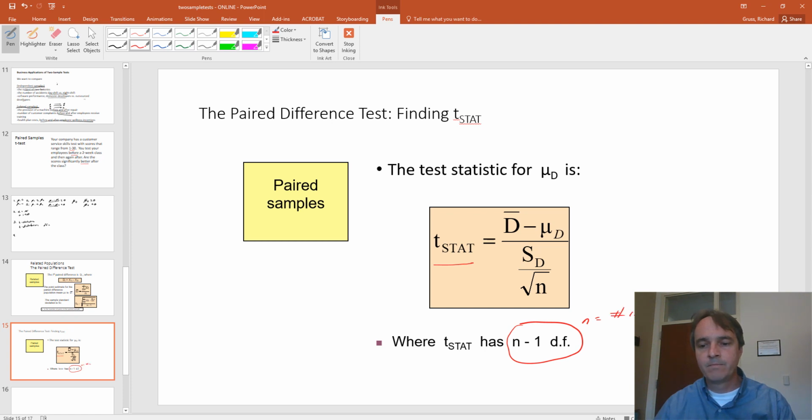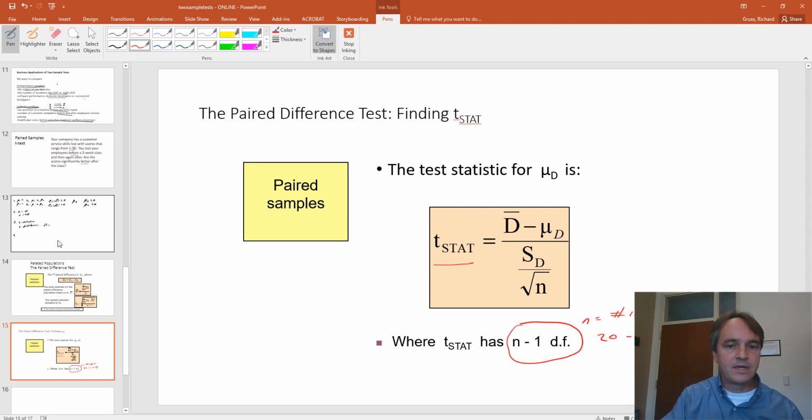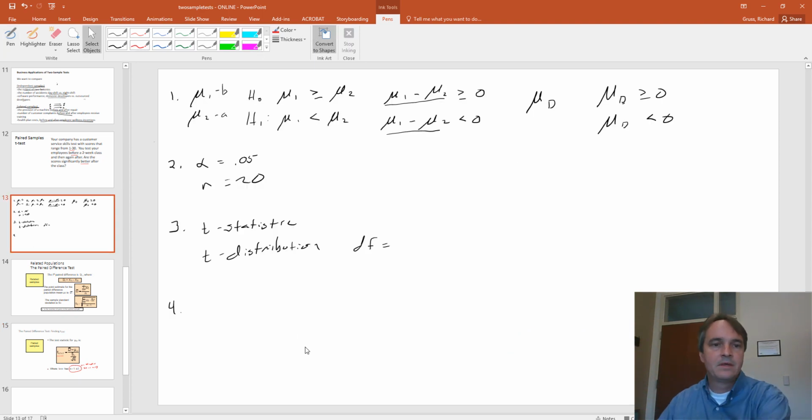That was 20 in our case, so 20 minus 1, we have 19 degrees of freedom. That's what we need if we're going to calculate the critical values ahead of time. So we have 19 degrees of freedom, and we need to figure out what our critical values are going to be.